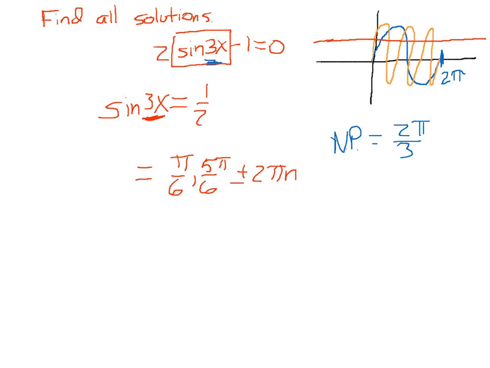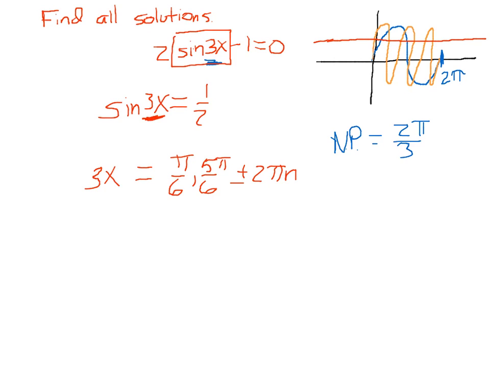That would be the solution if the sine of x equaled 1/2. But we had the sine of 3x, so essentially we took the inverse sine at this point, and what we're left with on the left is 3x. So 3x equals pi over 6, 5 pi over 6 plus or minus 2 pi n.